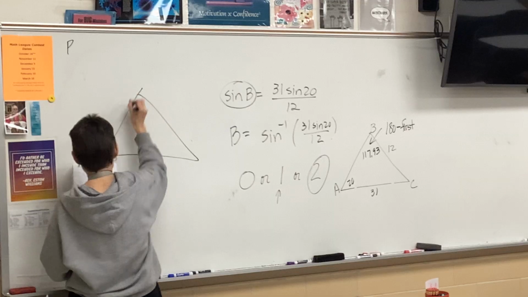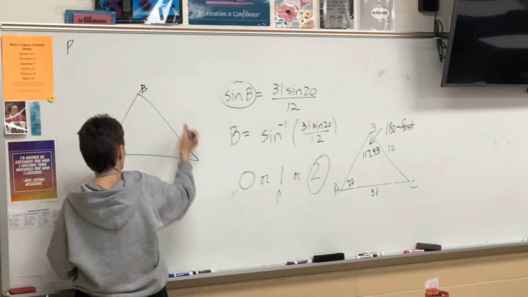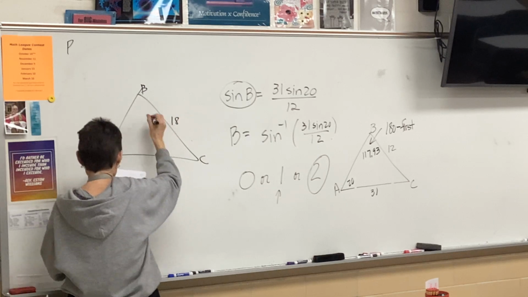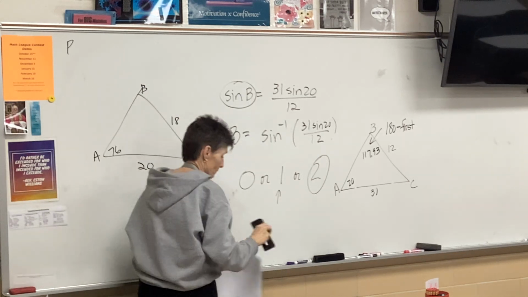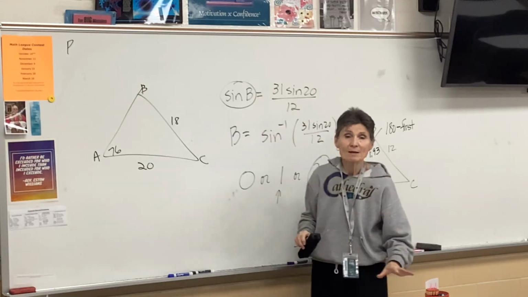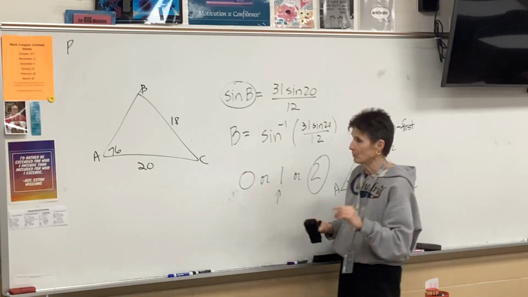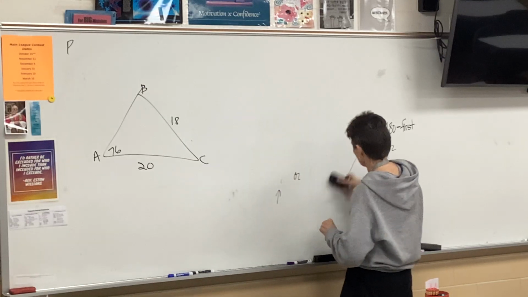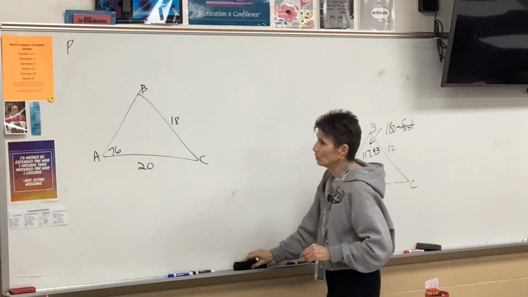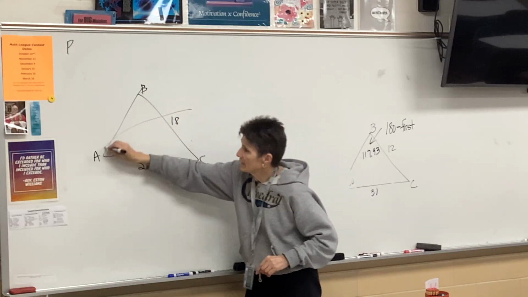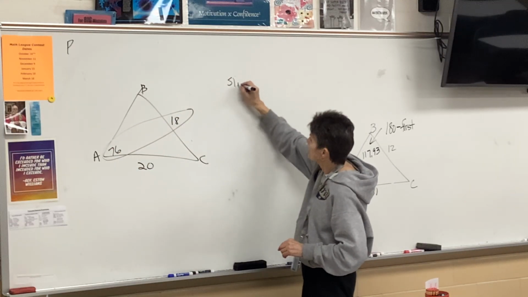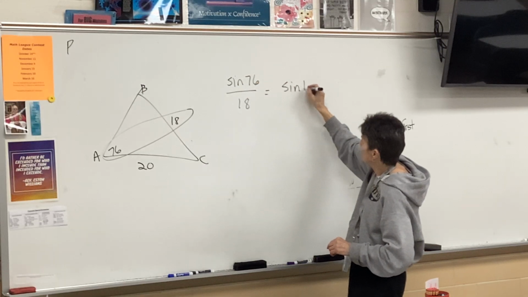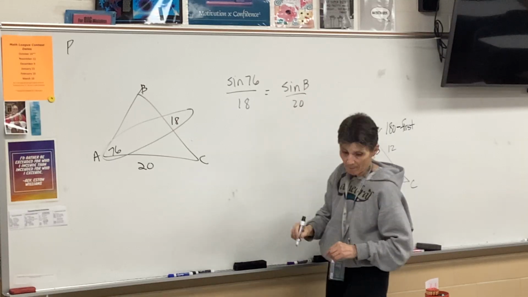All right, so I'm going to draw the triangle. And this is 76, and this is 18, and this is 20. Now, forget about your confusion. Let's do what you know how to do. You know how to set up the law of sines. So sine 76 over 18 equals sine B over 20.